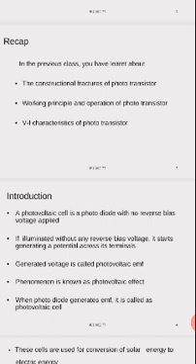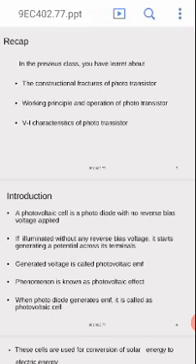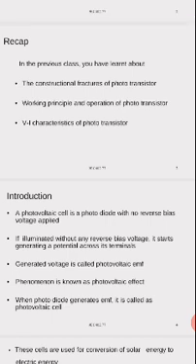The phenomenon is known as photovoltaic effect. When photodiode generates EMF, it is called as photovoltaic cell.